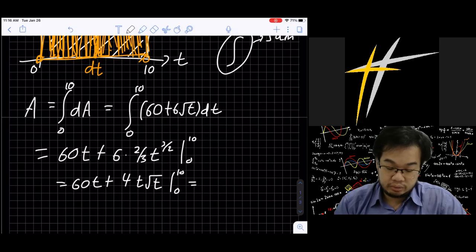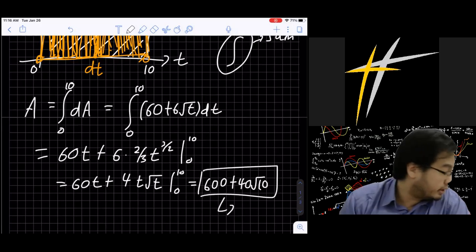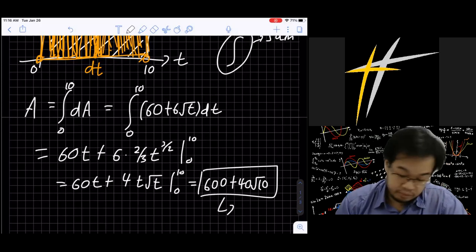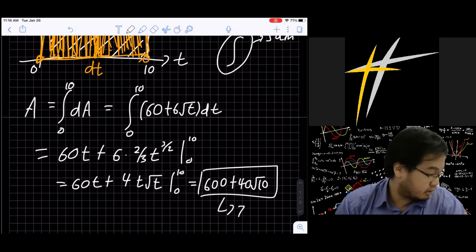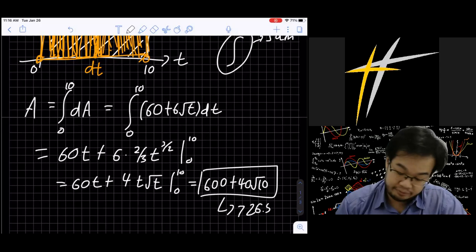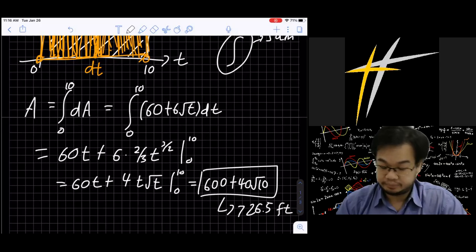So it's equal to 600 plus 4 times 10 square root of 10, minus 0. And if you calculate, it's around 726.5 feet.